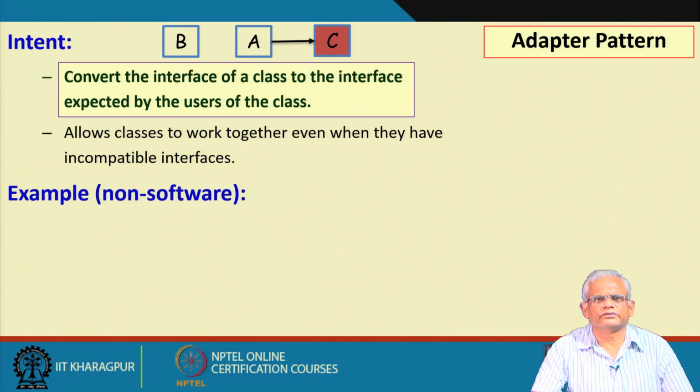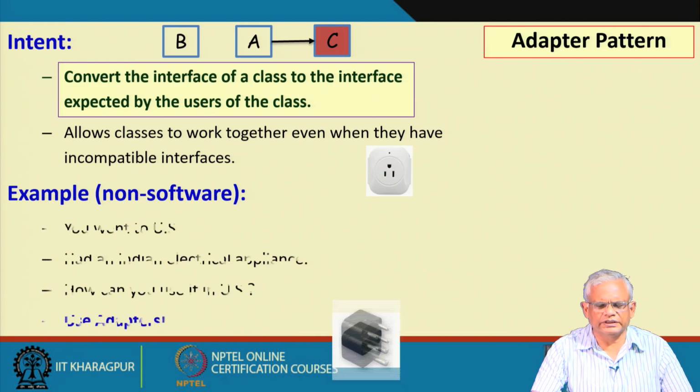Let me give a non-software example to make the role of the adapter class clear. Let us say we visited a country and we had a mobile charger which we were using in India.